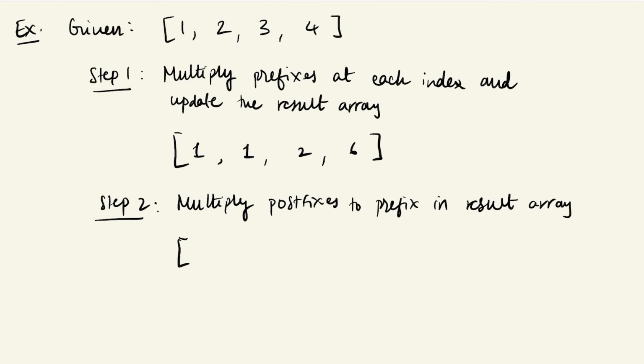So that would give us 1 times 24, 1 times 12, 2 times 4, and 6 times 1. So that's basically our result array, and the last step would be to return this array.